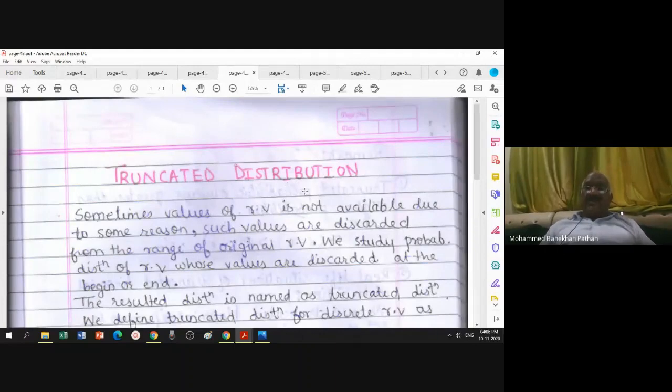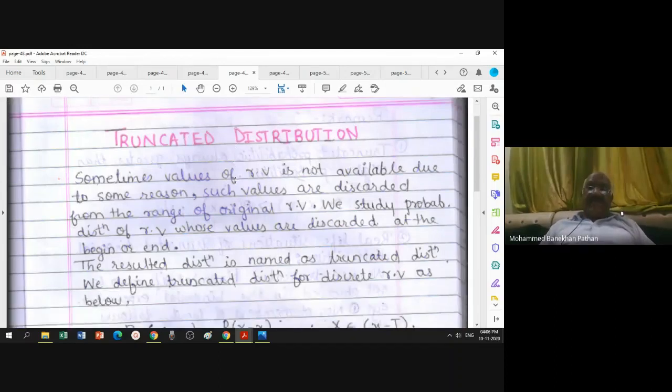Let us see what the meaning of truncation is, and then we'll proceed. Truncation stands for some values of the variable not being observable during the experiment, but the experiment follows all the characteristics of the corresponding distribution.